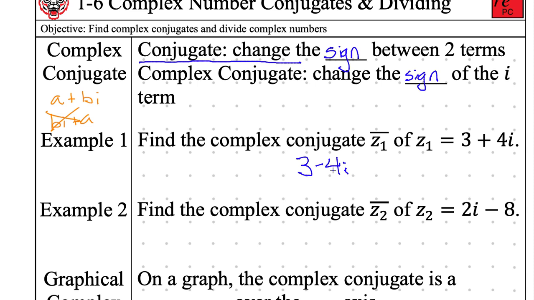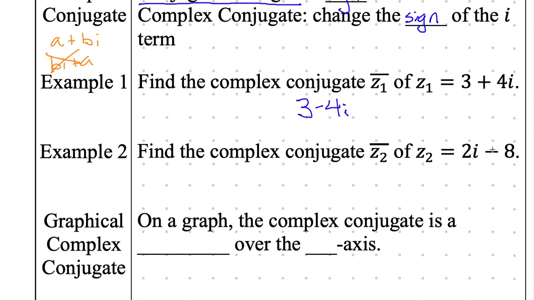All right, and then example 2. Who can try this one? This one is a little bit backwards, so it's a little bit tricky. Who can find the complex conjugate of 2i minus 8? Gio, is that your hand? Careful, it's not the second term.